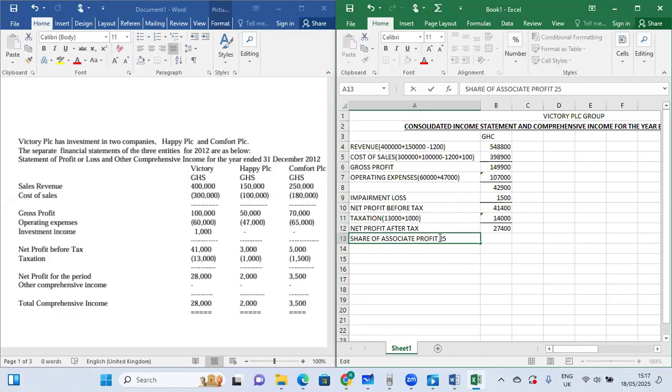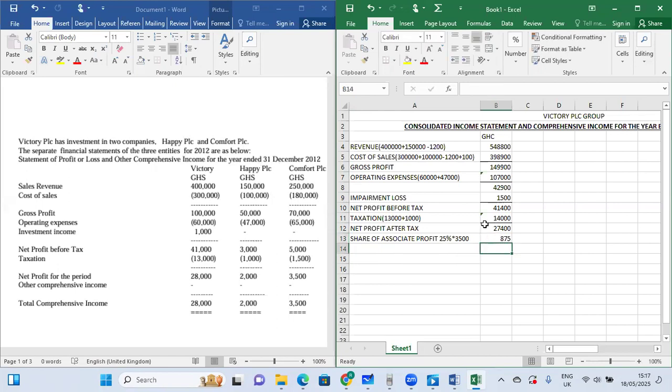So 25% times the associate's profit for the period, right? This is because for the whole of 2012, we were with them. If we had bought this associate within the year, we would have apportioned it. Maybe if it's 6 months, we would apportion it accordingly like that, right? So equal to 0.25 times 30.